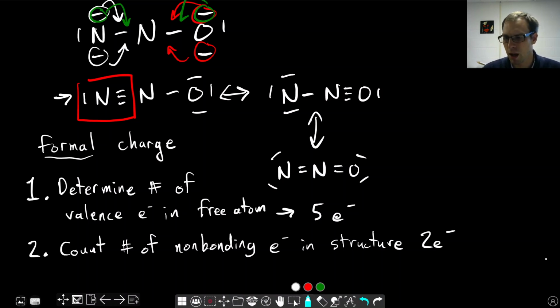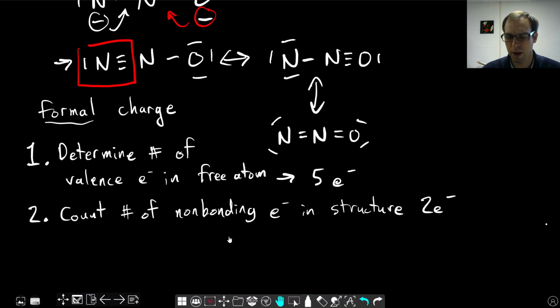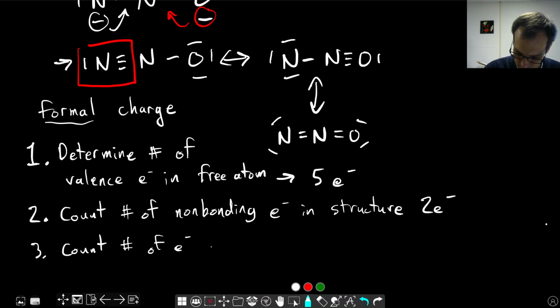Okay, let's continue on. Now we're going to look at the bonding electrons, and we will count the number of electrons in bonds and divide by 2.